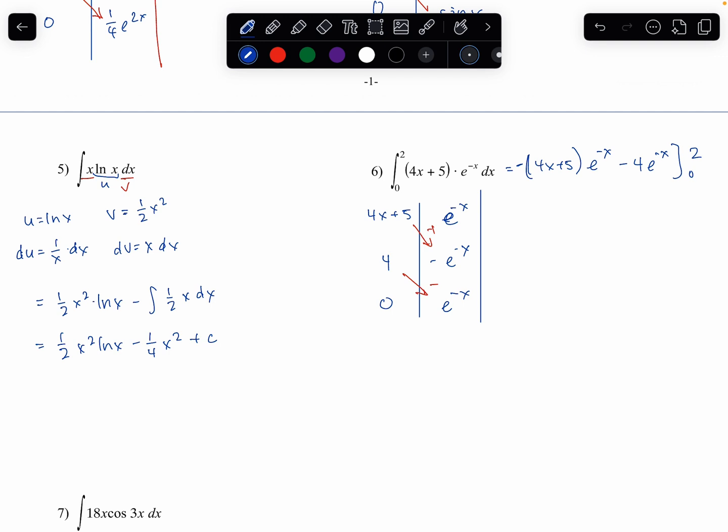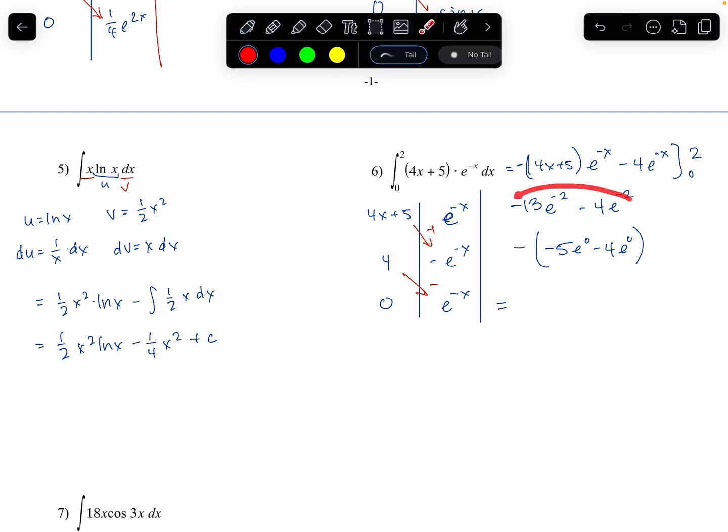So if I plug in 2, that becomes 8 plus 5, so we'll have negative 13 e to the negative 2. Then we have to plug in 2 there, so minus 4 e to the negative 2, then minus, and we got to plug in 0. So if I plug in 0, I'm just going to get negative 5 e to the 0 minus 4 e to the 0.